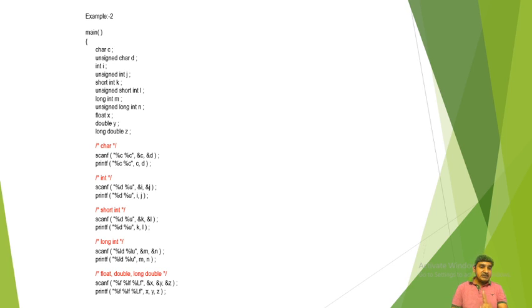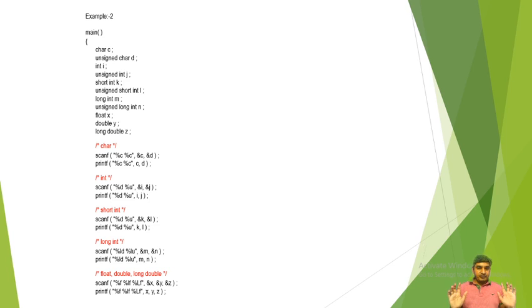X is a float, therefore we use percentage f. Y is a double float, therefore we use lf. And z is a long double float, and therefore we use capital LF.